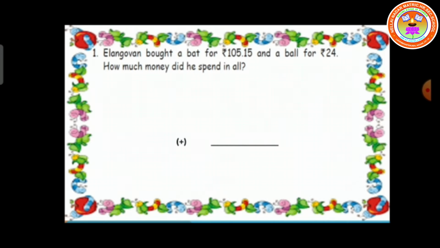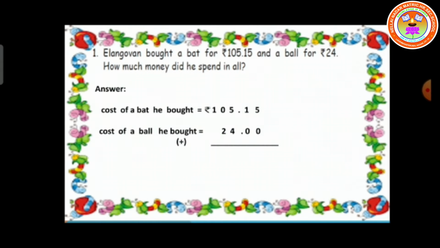Now we are going to find out the total money he spent. Let us see now. Answer. Write down the statement. Cost of a bat he bought 105 rupees 15 paise and cost of a ball he bought 24 rupees. Right?